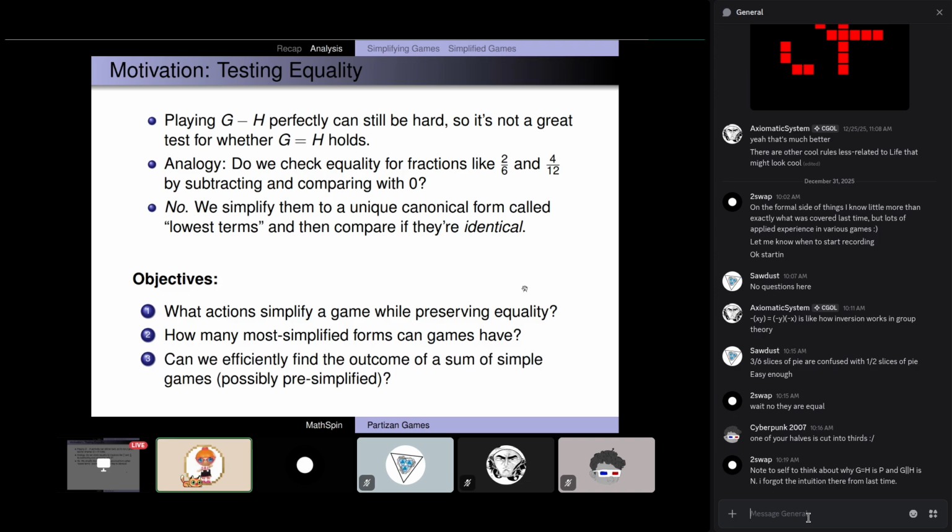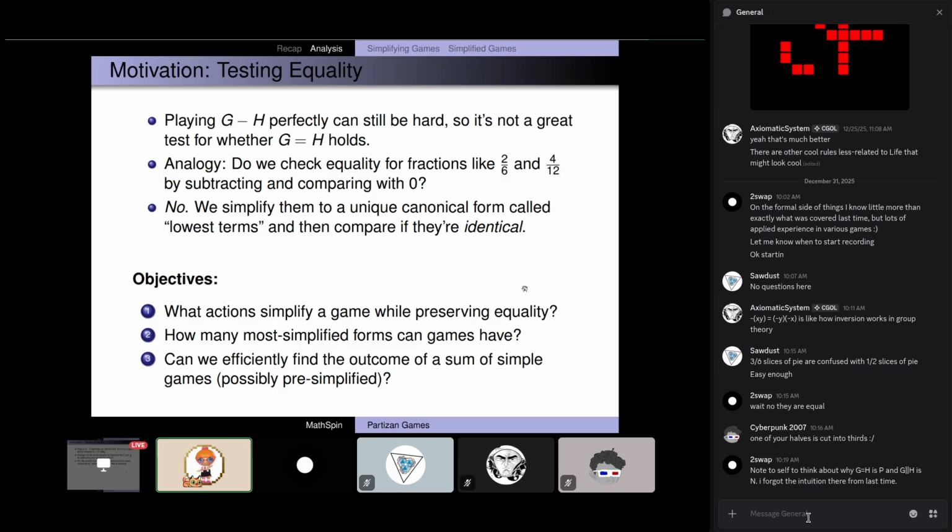And then the third thing, just to add on: if you have a fraction in lowest terms, it's certainly obvious if it's positive or negative, or something like that. So if we have some simple games in some very simplified form, can we find the outcome of, say, a sum of them easily?